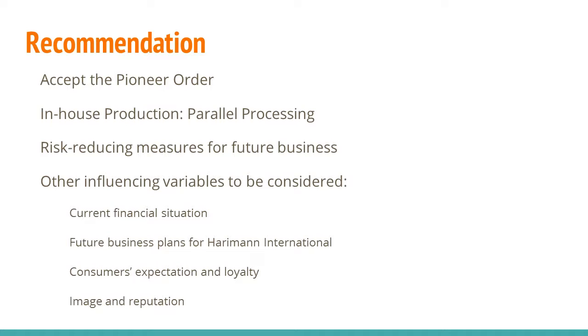Should Dawan focus more on building his business or continue with his graduate courses? Also, future business plans for Ironman International should be reviewed. Consumers' expectation and loyalty should also be reviewed and put into consideration in upgrading the business. Also, that one should take into consideration his image and reputation on future deals.